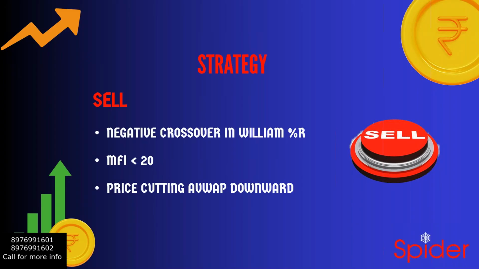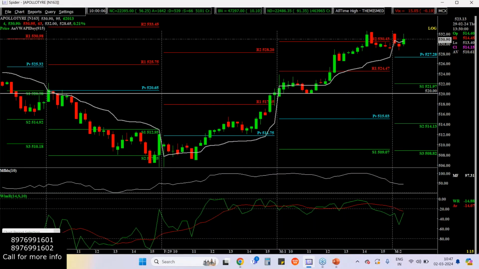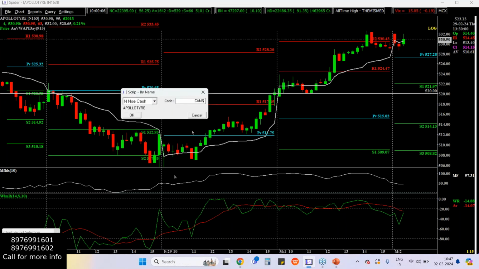This is the sell side condition: negative crossover in Williams %R, MFI lesser than 20, and price cutting anchored VWAP downward. Like in the buy conditions, we looked at two examples. Similarly, we'll also look at examples for the sell side, where our conditions were satisfied. I'll open the charts for that as well.